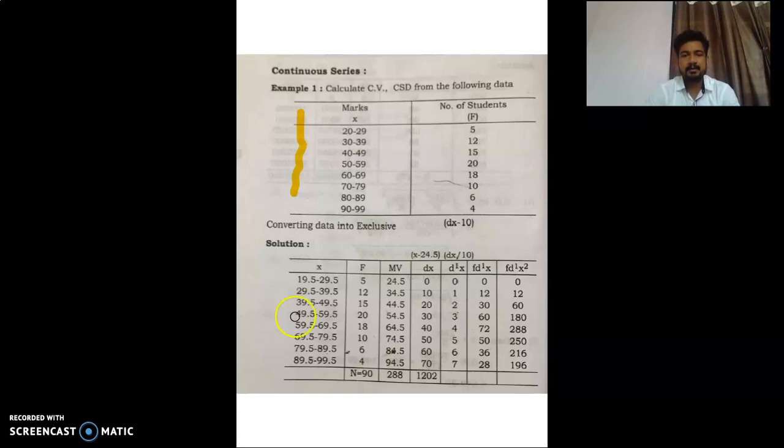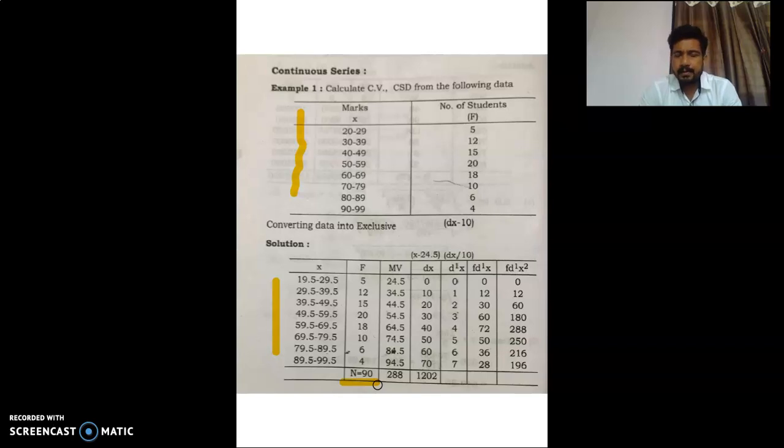So it will be like this: 19.5 to 29.5, 29.5 to 39.5, 39.5 to 49.5, 49.5 to 59.5, 59.5 to 69.5, 69.5 to 79.5, 79.5 to 89.5, 89.5 to 99.5. We just mention the frequencies as they are: 5, 12, 15, 20, 18, 6, 4, and n equals 90, the sum of all those frequencies.